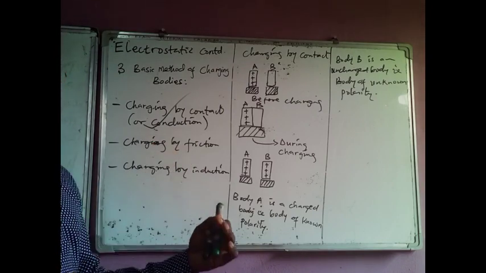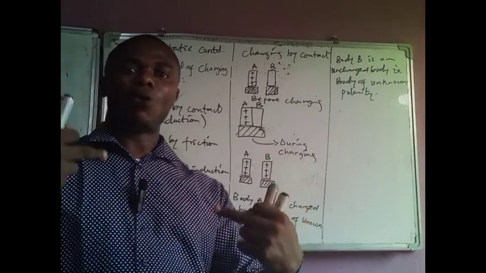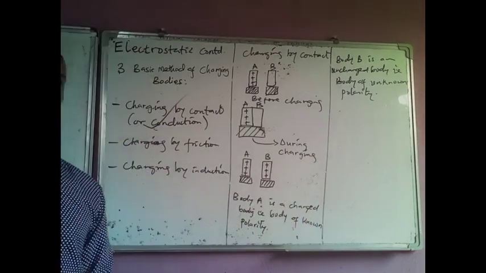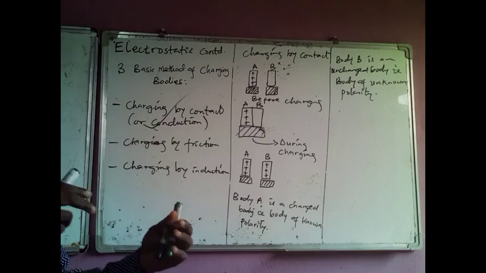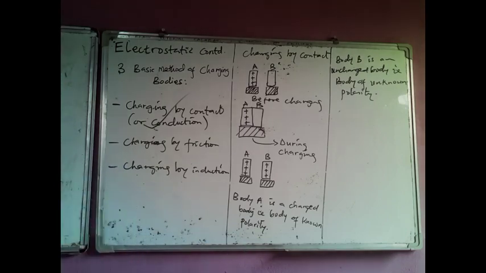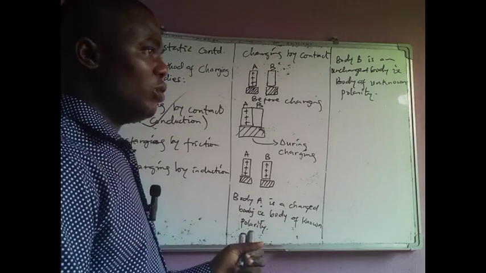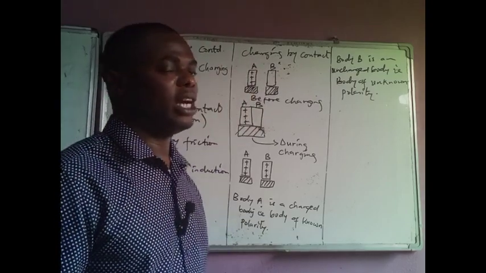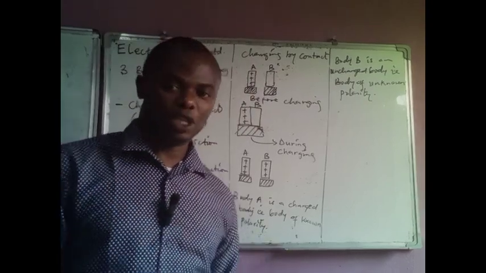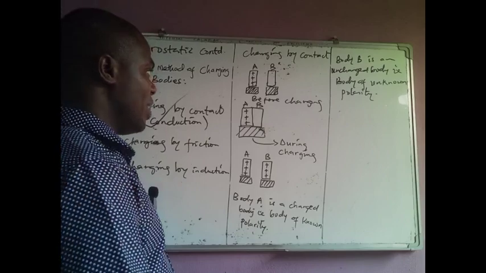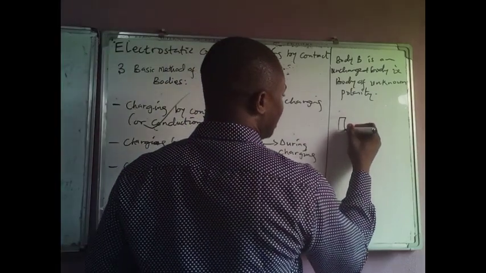You see that the body to be charged ends up acquiring the same type of charge as that of the charged body. So if you want to charge a body positively by contact, you must use a positively charged body. If you want to charge a body negatively by contact, you must use a negatively charged body.